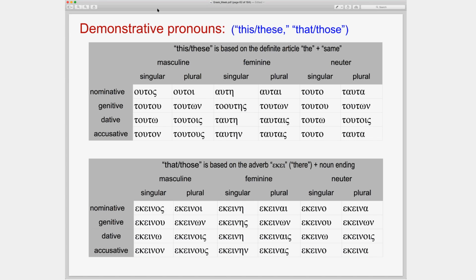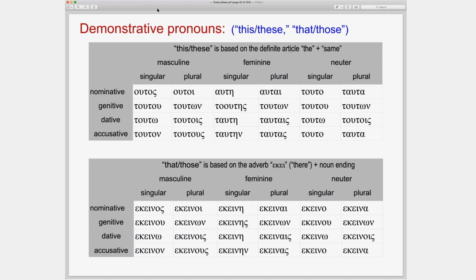So what they're really saying is the same. And then that, or those. The question is, what's the name of the tables again? These are called paradigm tables. P-A-R-A-D-I-G-M. It's just what they're called.